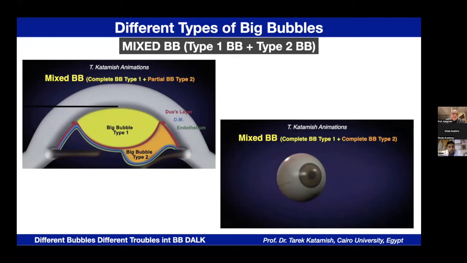This is the commonest type of mixed big bubble, a large big bubble type 1 and a small or partial type 2. The very rare example is to have 2 complete big bubbles behind each other.